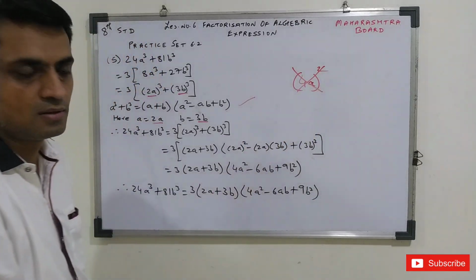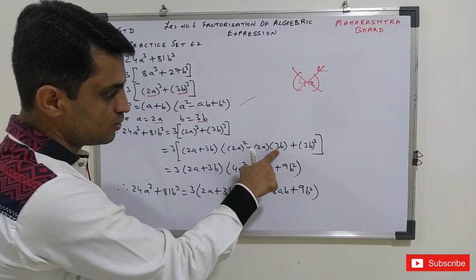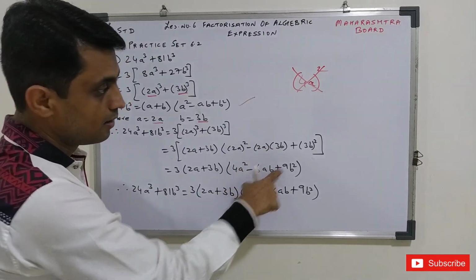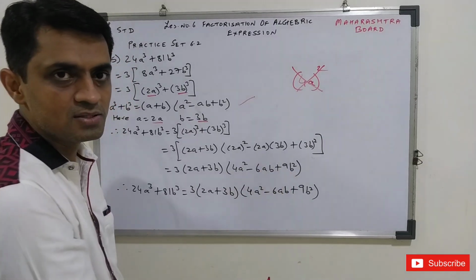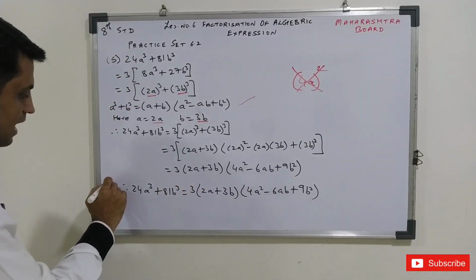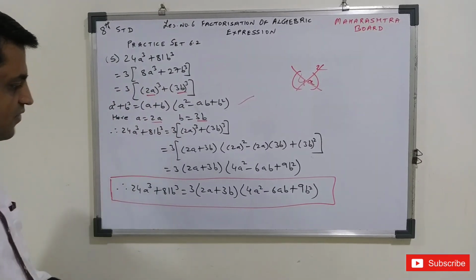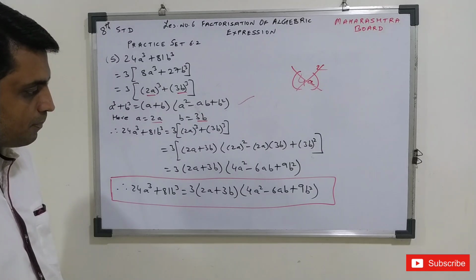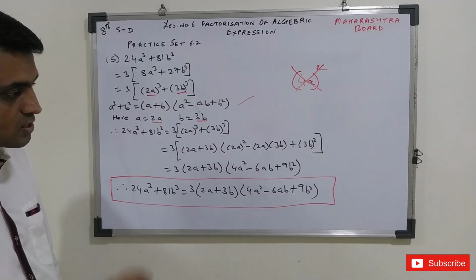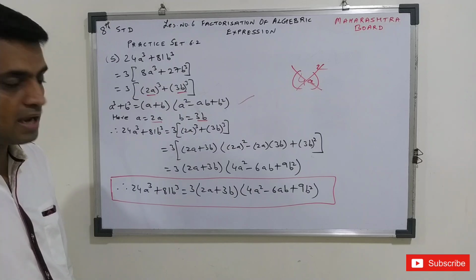Don't do this. 2 का square 4, A का square A square minus 3 2s are 6 AB plus 3 का square 9, B का square B square. And then we have written the final answer. What is the final answer? 24A cube plus 81B cube is equal to 3, 2A plus 3B, 4A square minus 6AB plus 9B square.